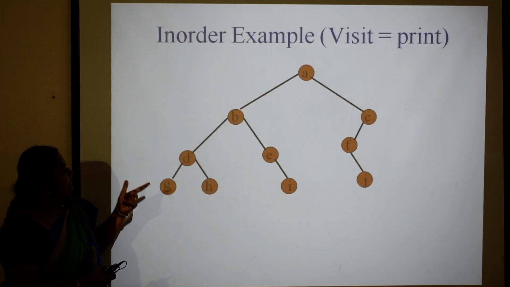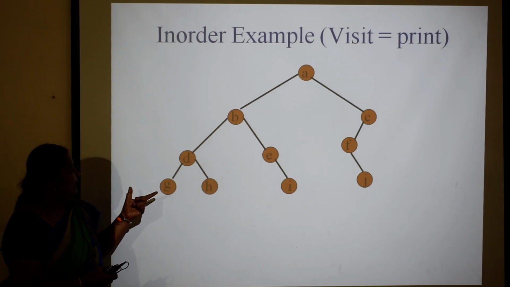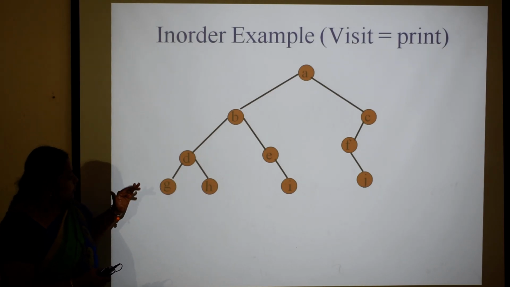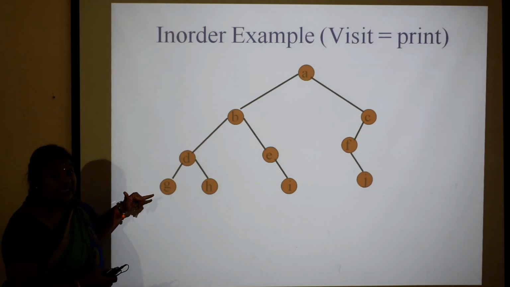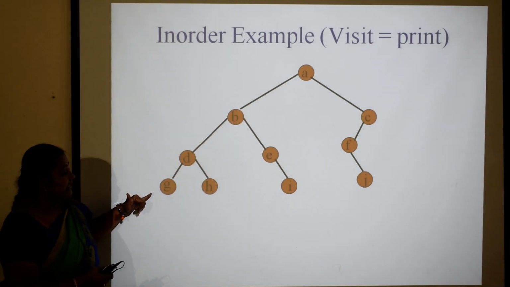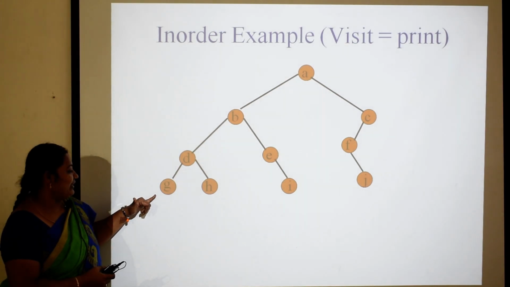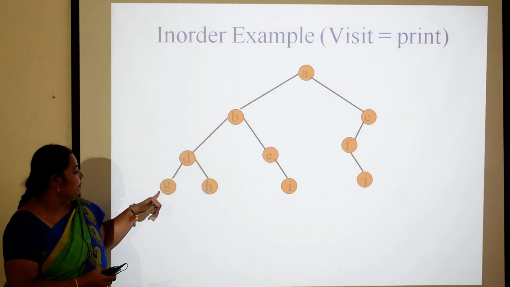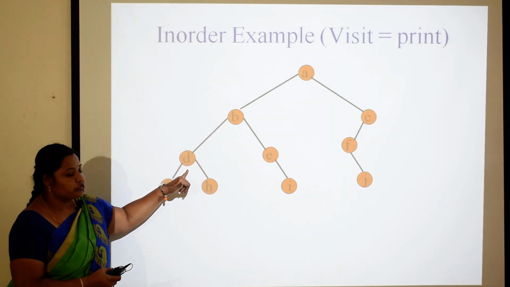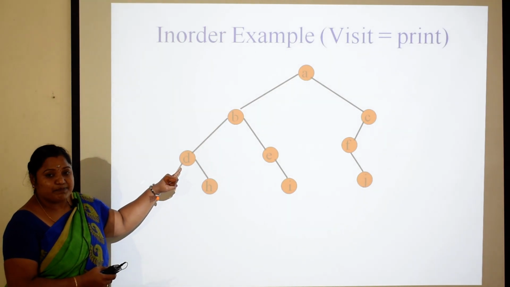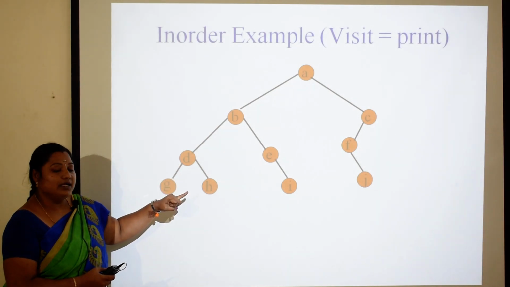Then this structure is somewhat bigger binary search tree. Here it starts from the leaf node, the leftmost leaf node, that is G. Then it goes to its parent and then to the right child.